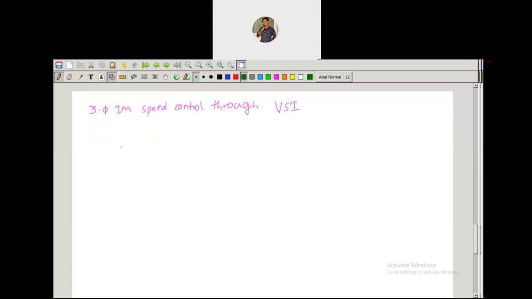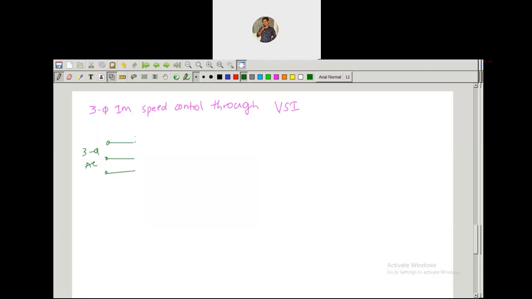The first possibility is the three-phase AC power supply. For an inverter, obviously we need what? DC.